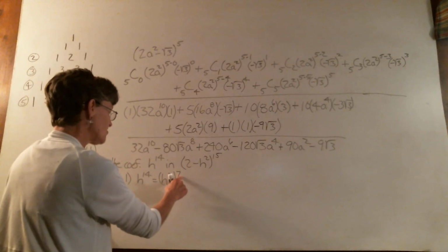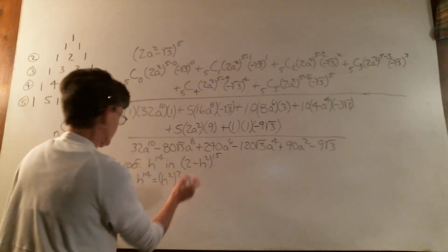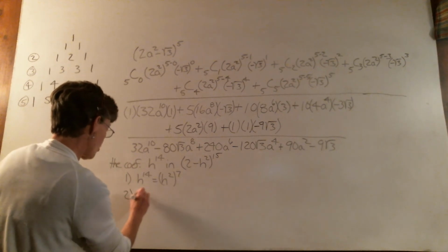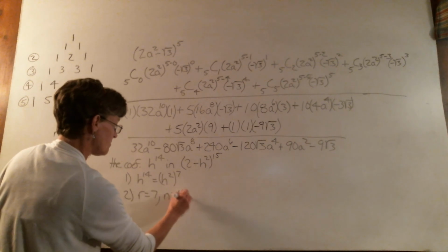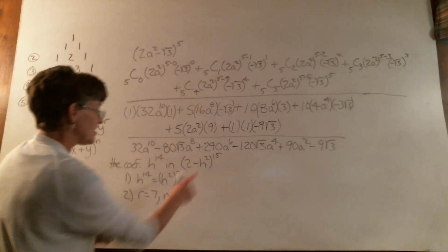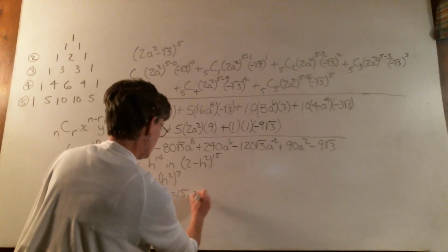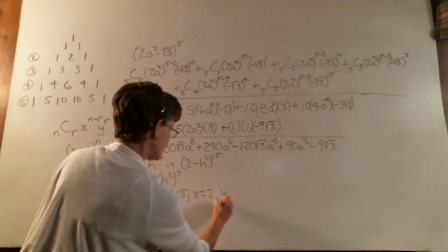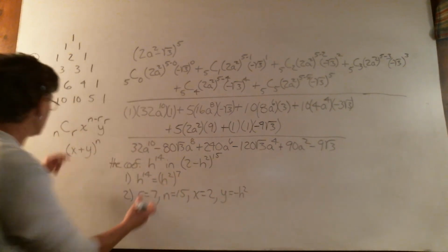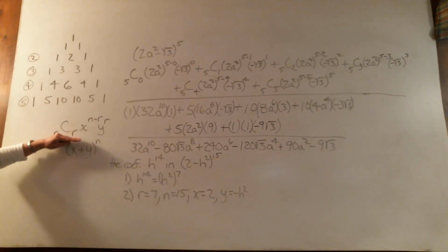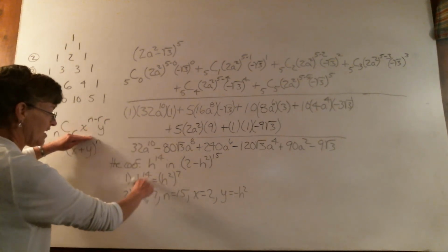So that means that I want r to be 7. So from this I see that r is 7. Of course, we can tell that n is 15. And then x is 2, and y is negative h squared. So I'm just going to fill in this term for h to the 14th.